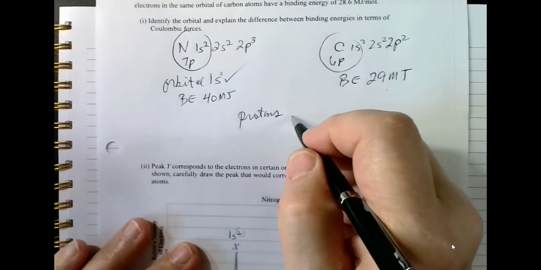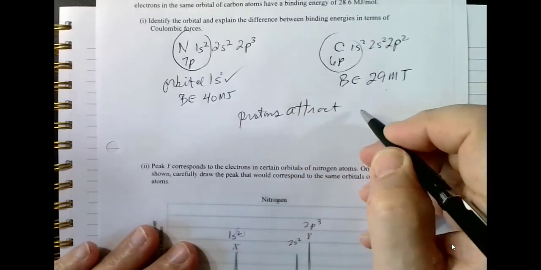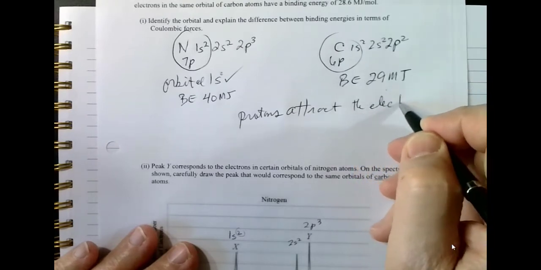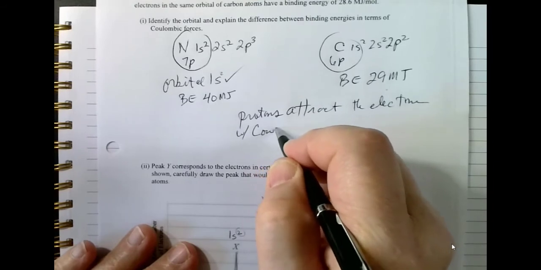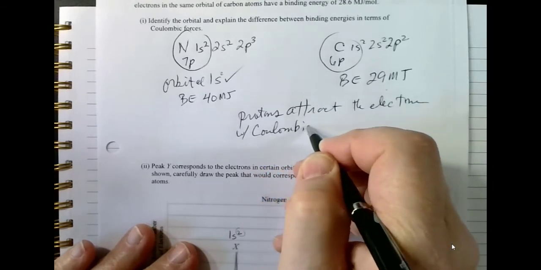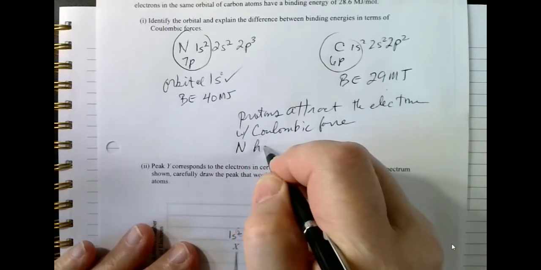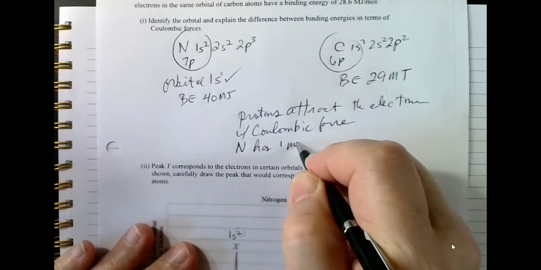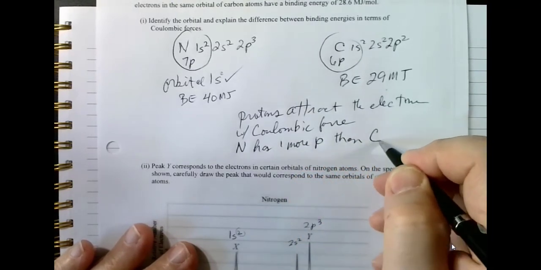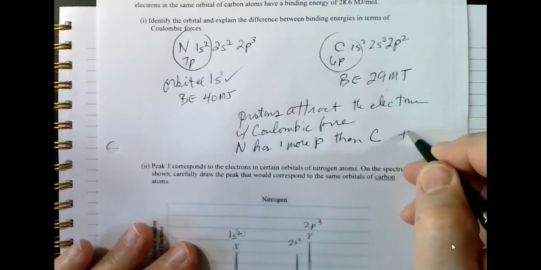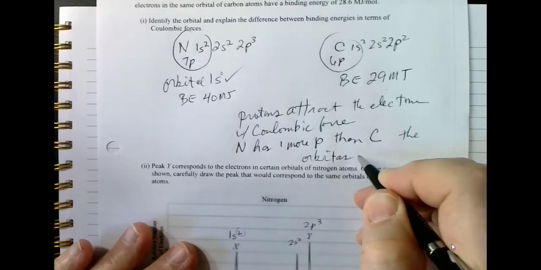Protons attract the electrons with Coulombic forces. That's our electrostatic attractions. Nitrogen has one more proton than carbon, and the orbitals are the same energy level.